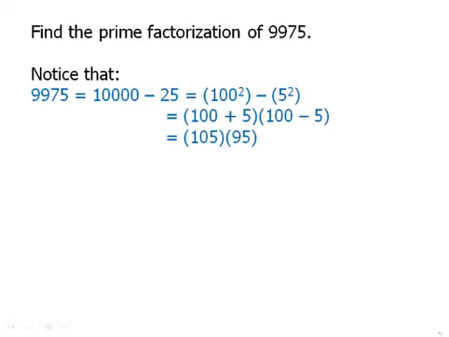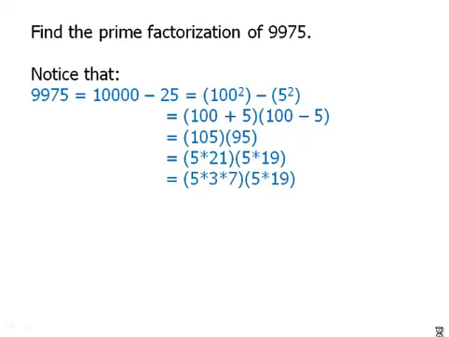That gets us down to 105 times 95. And we can factor each one of those. 105 is 5 times 21, and 95 is 5 times 19. 21 we can factor into 3 times 7, and here's the complete prime factorization: 5 squared times 3 times 7 times 19. So in an instant, we get the prime factorization simply by making use of the difference of two squares formula.